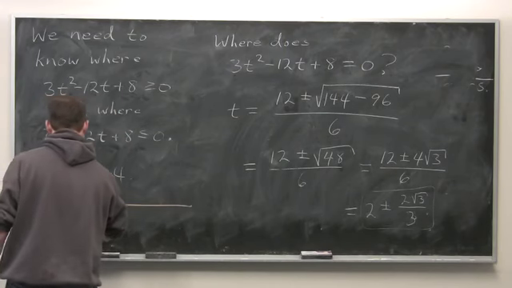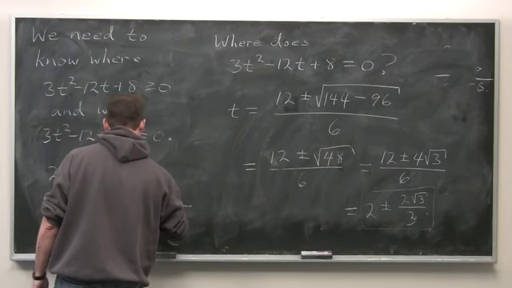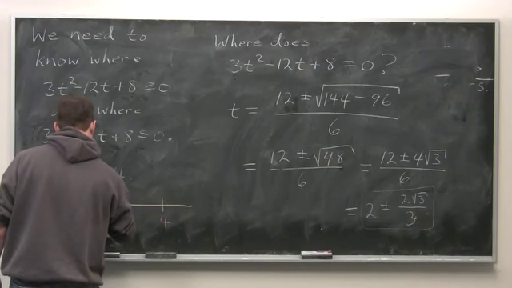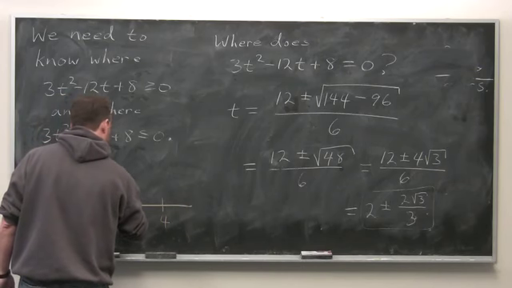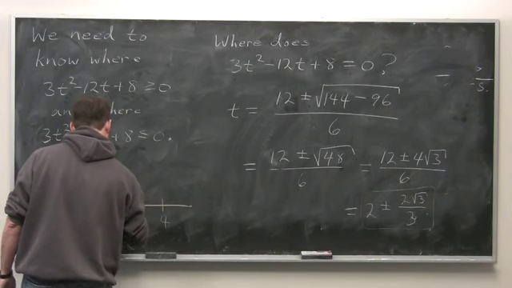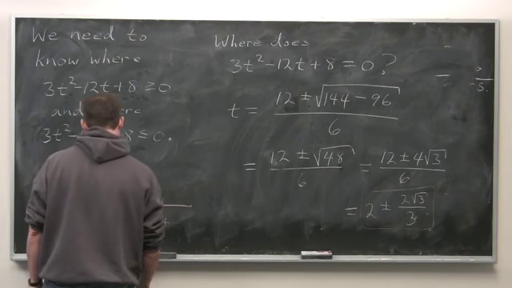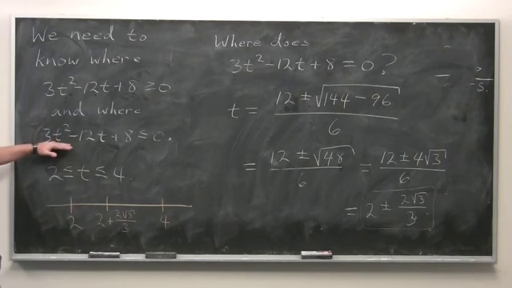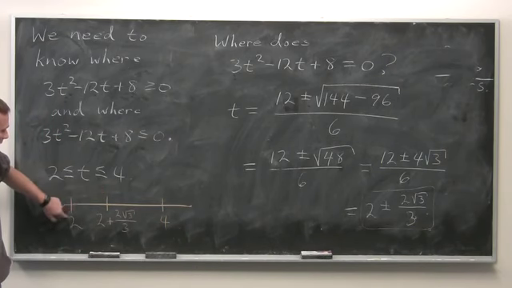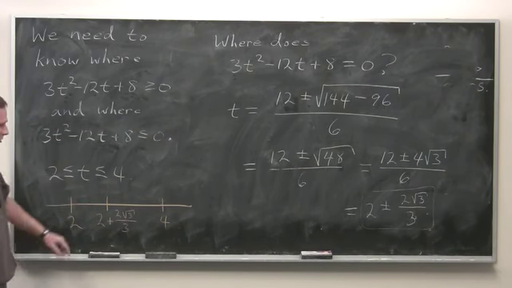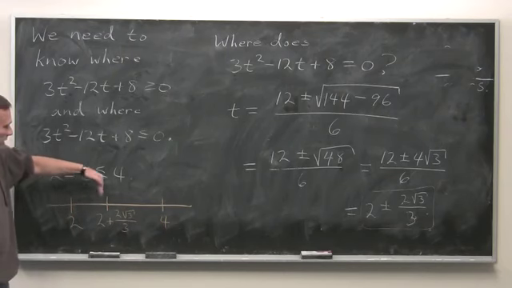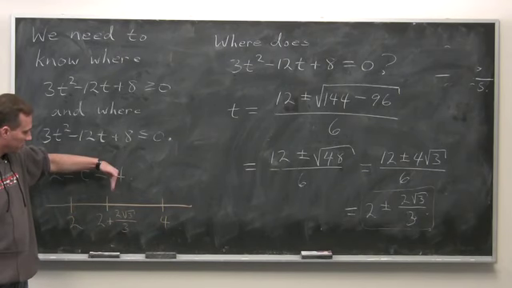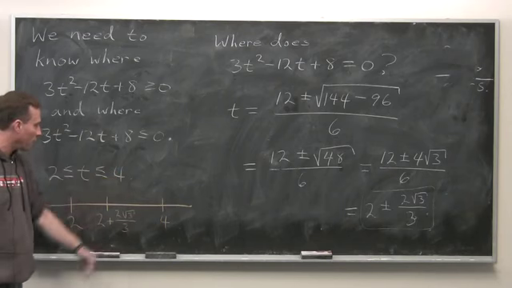So we are splitting up the interval from 2 to 4 at 2 plus 2 times the square root of 3 over 3. And we need to know, is this quantity positive or negative between 2 and 2 plus 2 times square root of 3 over 3? And is this quantity positive or negative between 2 plus 2 times square root of 3 over 3 and 4?